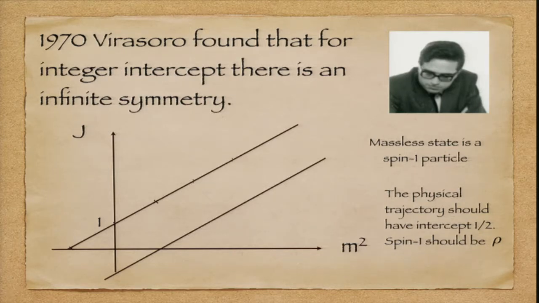But at that time, we believed that it should be a rho meson, and then it should be 1/2. The real physical trajectory went through here. But if you make this very unphysical assumption that it was a vector particle instead, then it opened up an infinite symmetry.